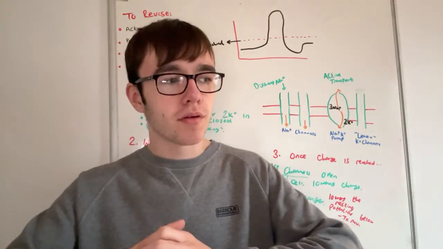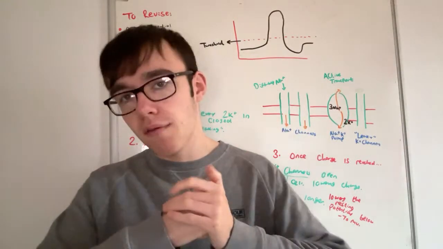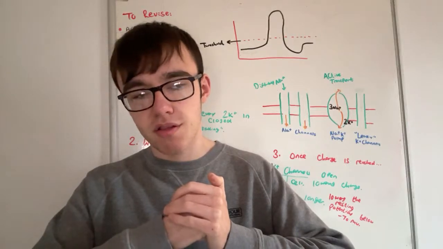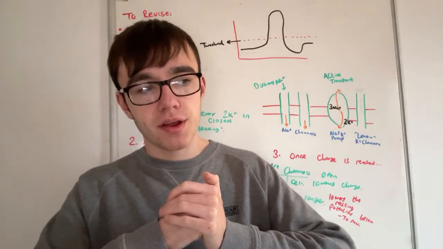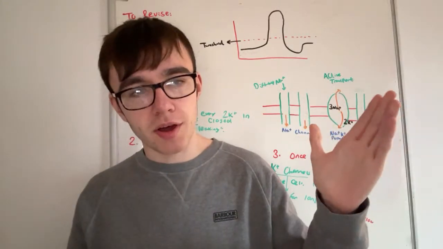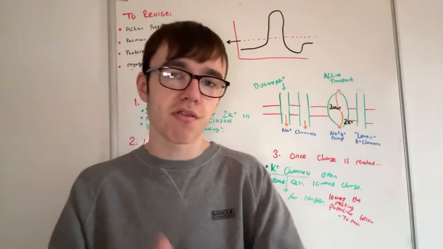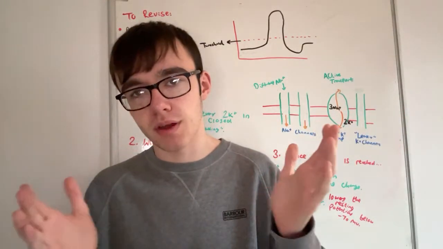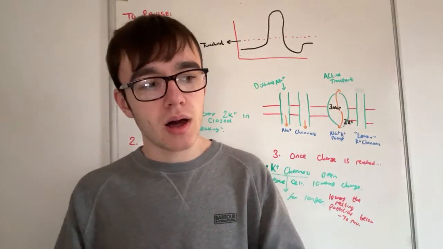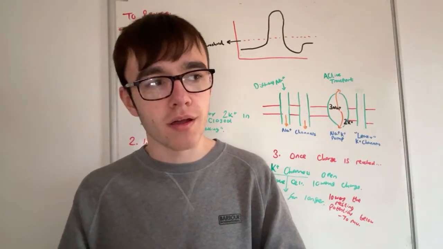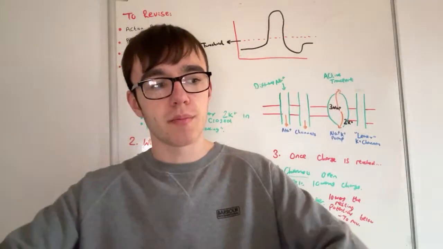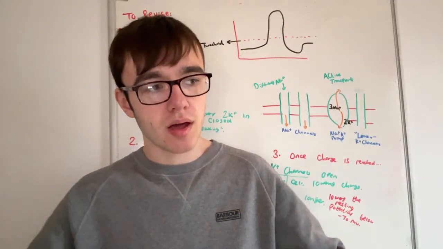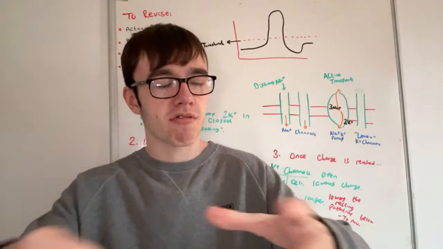Then depolarization occurs when there is a stimuli detected. This stimuli, if it's significant enough, will cause all of the sodium ion channels to open, but if it's not significant enough, only some will open, which will rapidly depolarize the cell, because now there are more sodium ions inside the cell than there are outside.